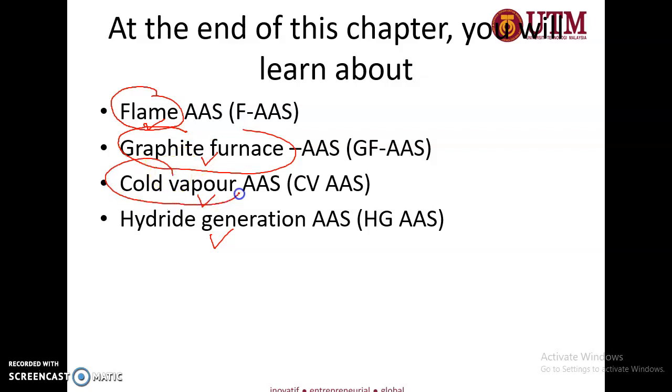Cold vapor, on the other hand, is using chemical reaction to atomize. The same thing with hydride generation. We are mixing two reagents with the analyte in order to atomize it. That's why it is called cold vapor, because there's no high temperature as compared to flame or graphite furnace.